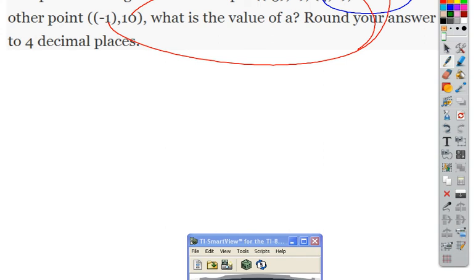So what do I get if I do all that? I'm going to get 10 for y equals a times the quantity x, which is negative 1, minus negative 5, times x, which is negative 1, minus 4.